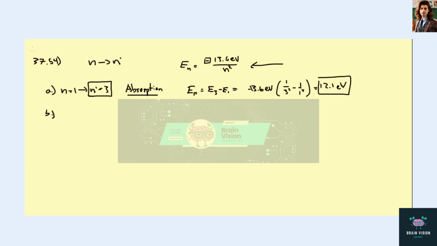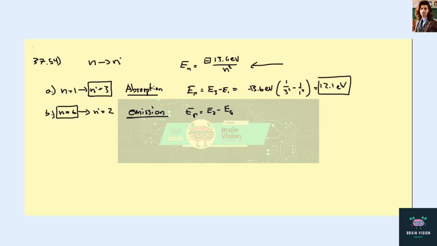Okay, part B. Part B says N equals 6, and we're going to an N prime of 2. We already said that the higher the N value is, the higher the energy is. So we know that N equals 6 is higher, and then we're going to a lower energy. So this must be emission. We can then write the energy of the photon as the energy difference here: the energy of level 2 minus the energy of level 6.